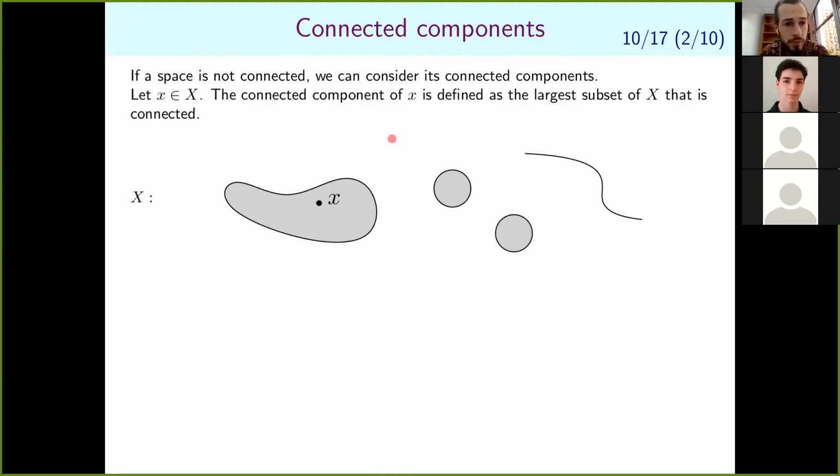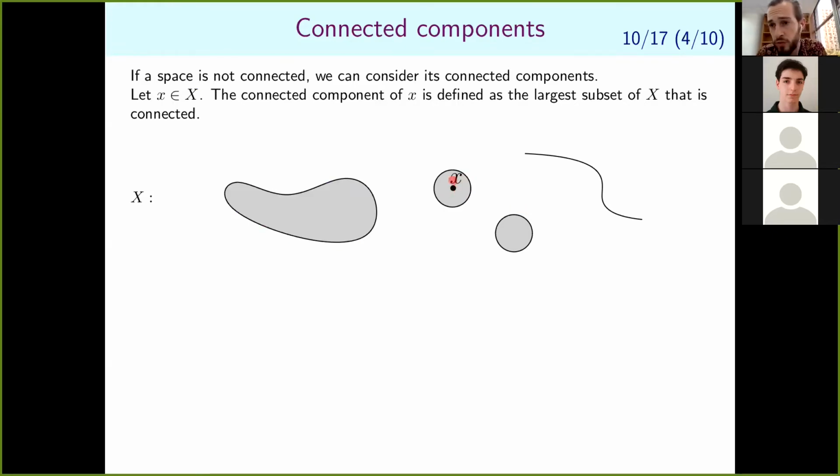So for instance, the connected component of x here would be this set. It is connected, and it is the largest one we can find. If I were to add points in these other components, it would not be connected anymore.